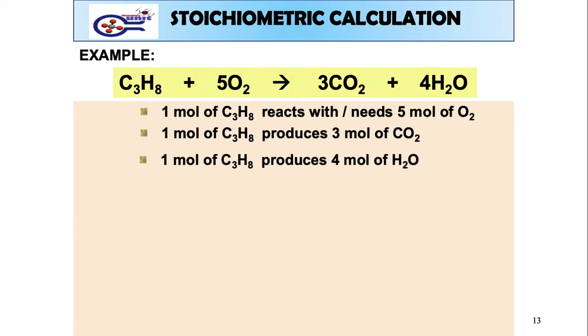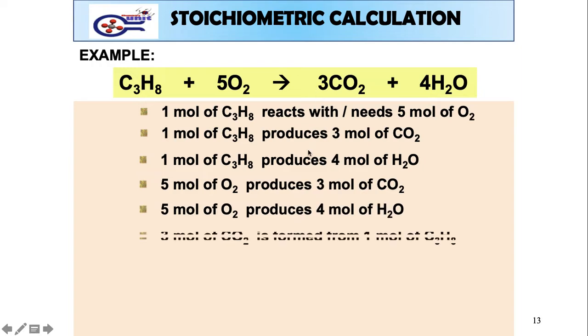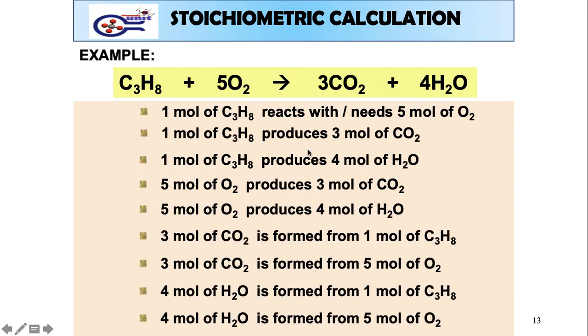So from this equation, you can say 1 mole of hydrocarbon produces 3 mole of carbon dioxide, 1 mole of this hydrocarbon produces 4 mole of water, and then 5 mole of oxygen produces 3 mole of carbon dioxide, and so on.